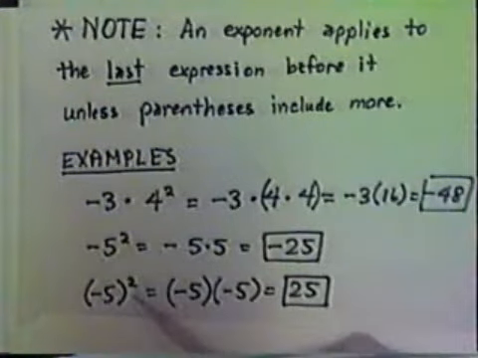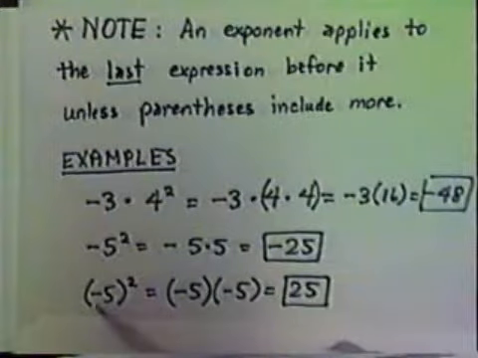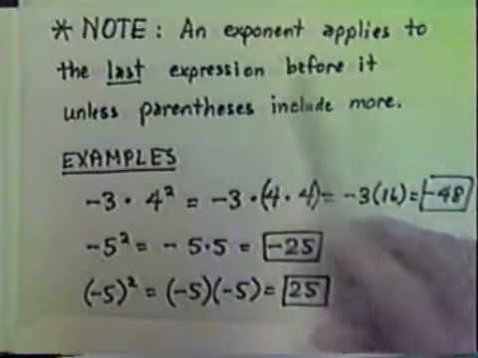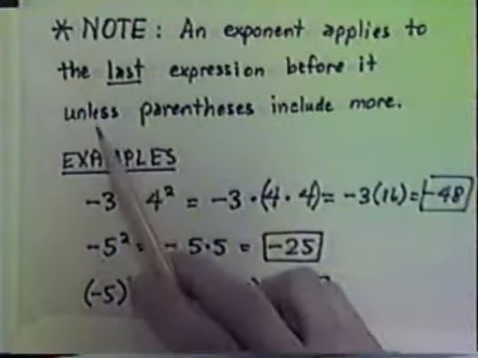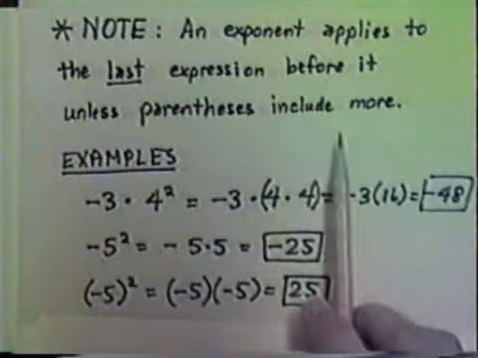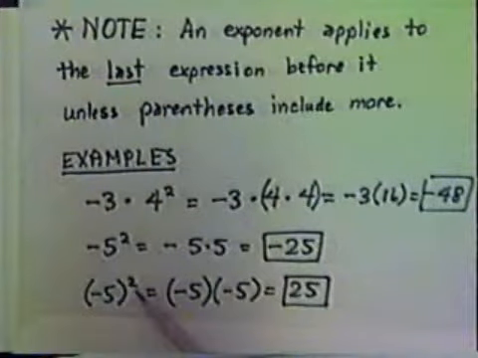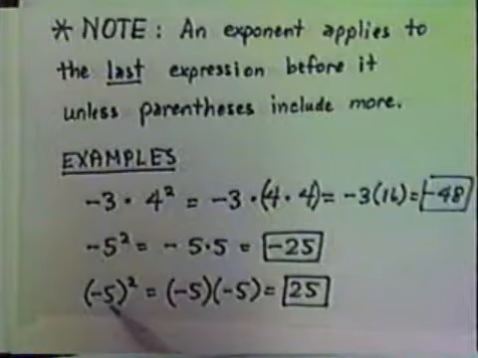If we want the exponent to apply to the minus sign as well as the 5, we must use parentheses. An exponent applies to the last expression before it unless parentheses include more. In this example, the parentheses do include the minus sign. Therefore, the exponent does apply to the minus sign as well as to the 5.